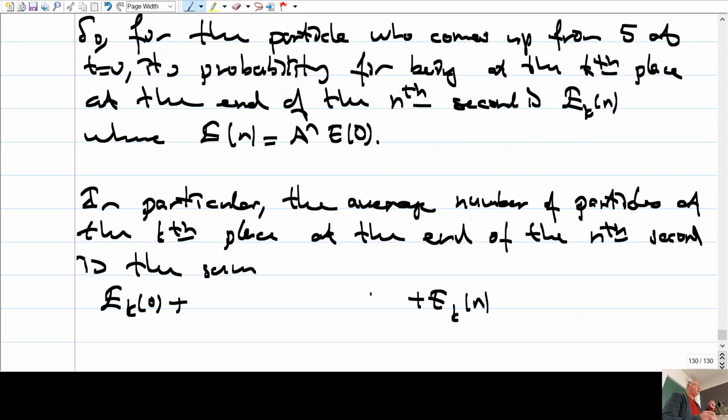For the particle who comes up at the first second to be at the kth place at the end of the nth second is a k n minus 1, and it will go like this.